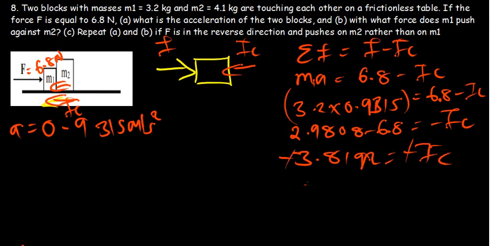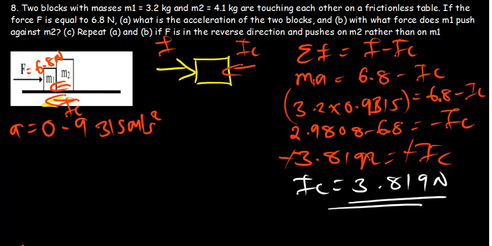So therefore our contact force Fc is going to be 3.819 newtons. So this is the force that m2 was pushing there, and at the same time, the same force that m1 was pushing in that direction.